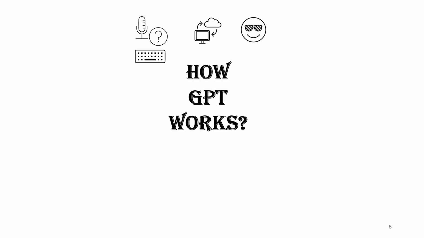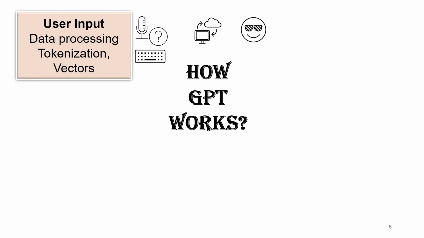The first step is processing the data. Split the input data into tokens, that is tokenization, and convert these tokens into numerical representations called vectors. Which technique is used to find the relationship between the words in the chat conversation?